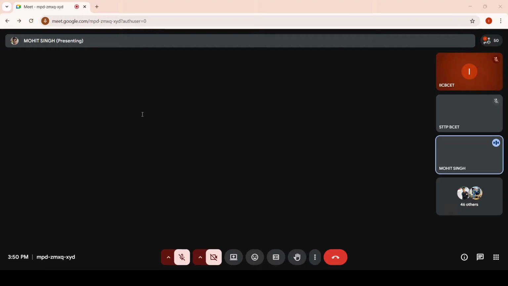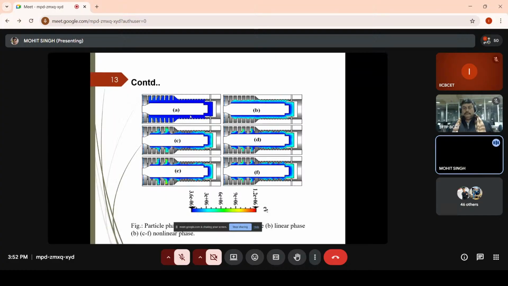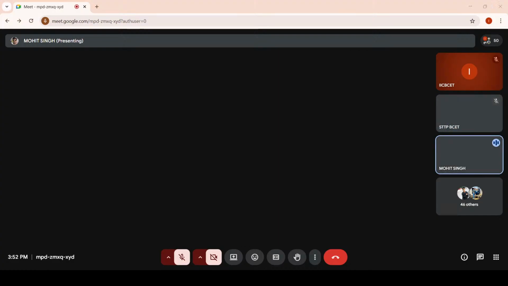This phase occurs when the phase velocity and drift velocity of the electron beams are nearly equal. In that case, the energy of the electron beam is transferred to the RF wave. In the form of bunch, they are transferring their energy. This is called spoke formation within the device.